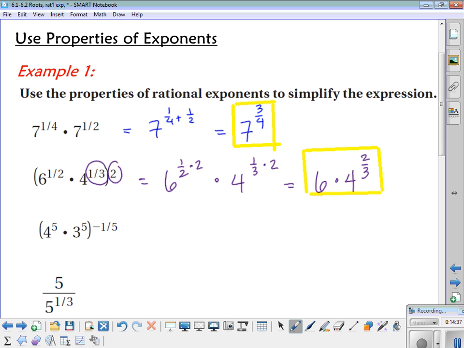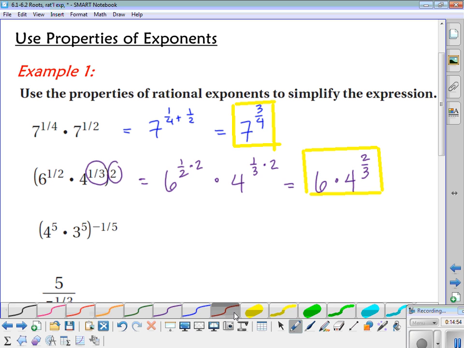Okay, and when we have a negative exponent, that means I flip it. But I notice on the inside, I've got 4 and 3 are both being raised to the 5th power. So I can actually simplify inside if I want to first.